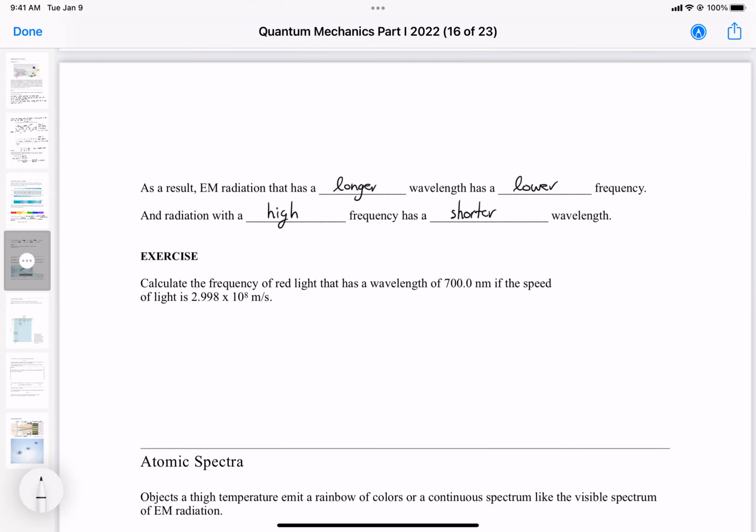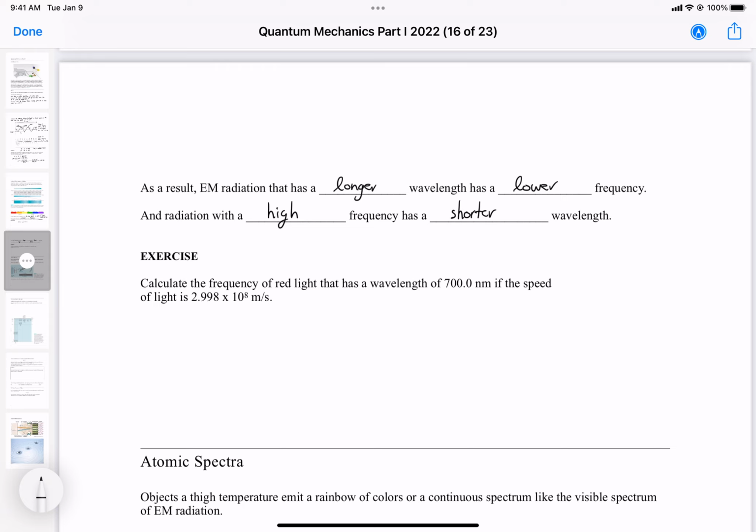Calculate the frequency of red light that has a wavelength of 700 nanometers. If the speed of light is 2.998 times 10 to the 8th meters per second. So don't worry too much about the exact numbers for these types of EM radiation.